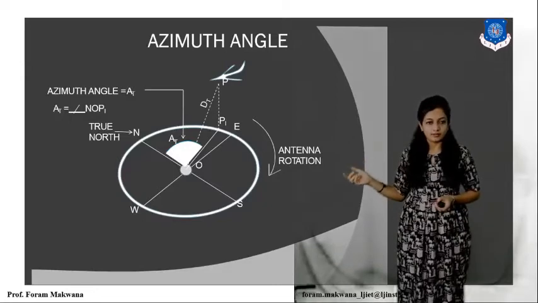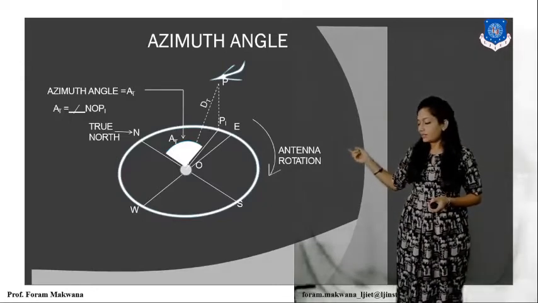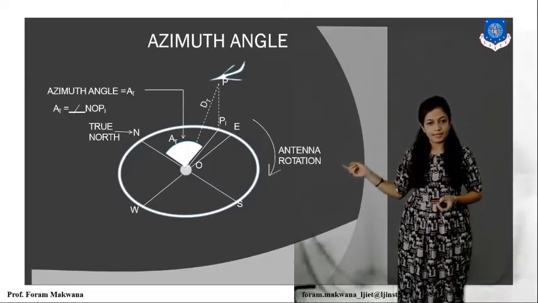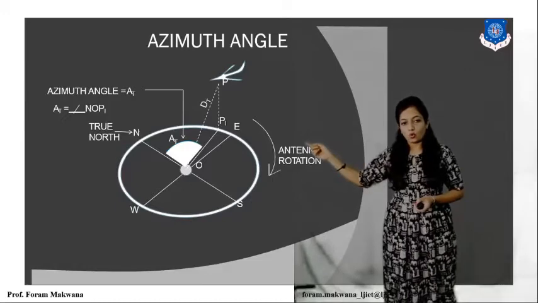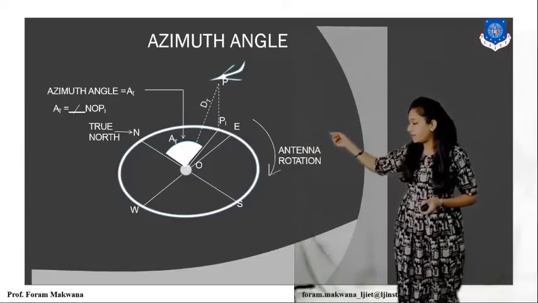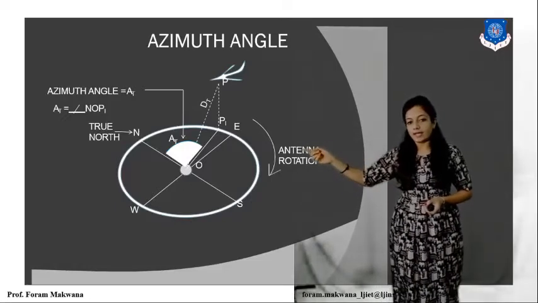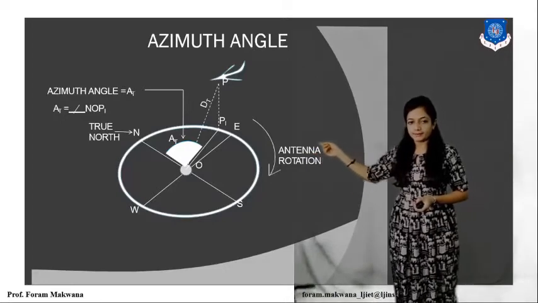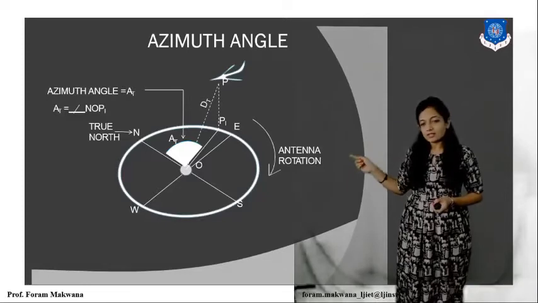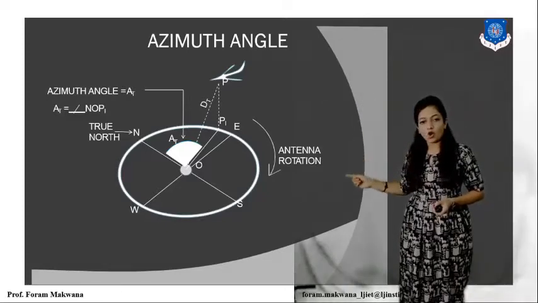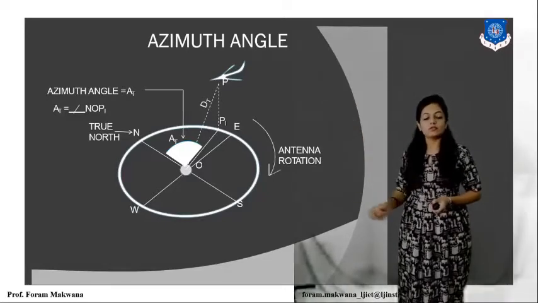So the azimuth angle over here is measured as N, O and P1, the angle NOP1. Why P1? Because P1 is the vertical projection of my target onto the surface of the earth.